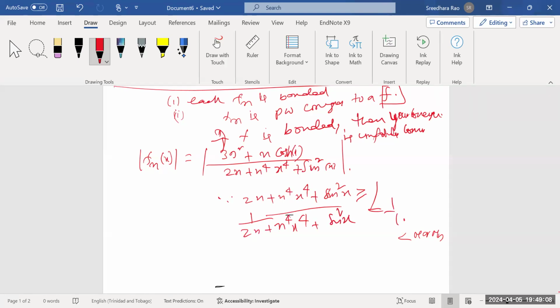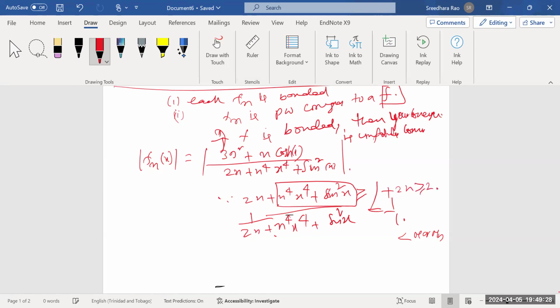Of course, you can make it n. So this one is greater than 1, and adding 1 plus 2n on both sides, 1 plus 2n is again greater than 2n.